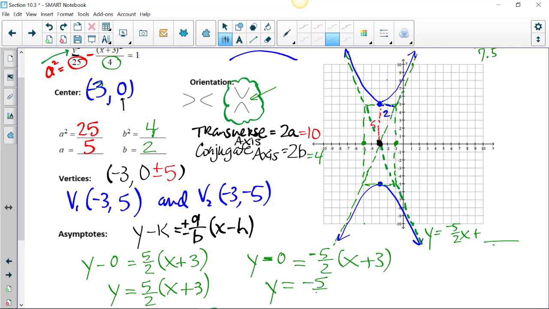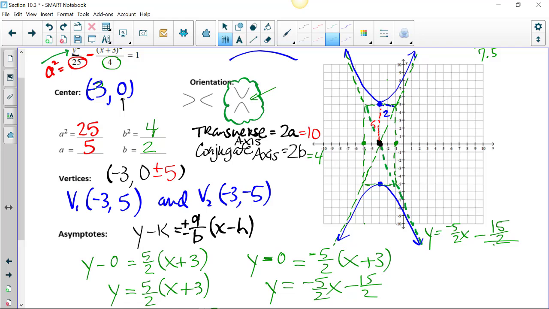So this becomes -5/2 x minus 15/2, which is minus 7/2, 7.5. Okay, so that is an option. Just come up with those equations, draw them out accurately, and you've got your curves. Pretty cool. My favorite conic section.